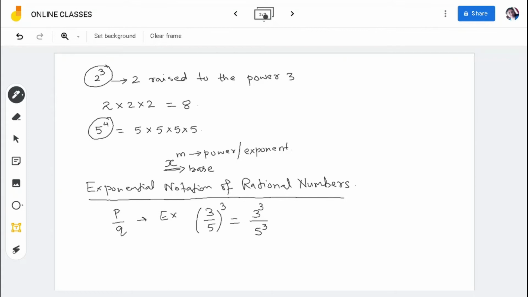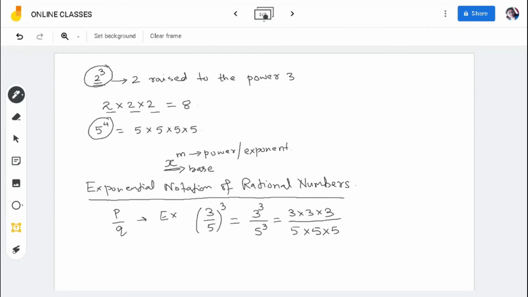And already we have known that 2 to the power 3 means we have to multiply 2 three times. So in the same way, we have to multiply 3 three times. So this can be written as 3 into 3 into 3 divided by 5 raised to the power 3, which means we have to multiply 5 three times again.